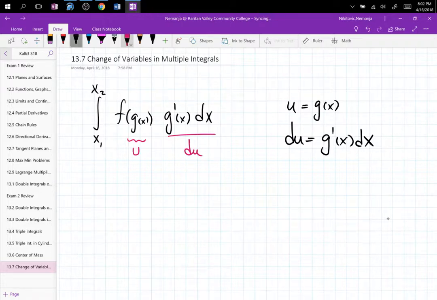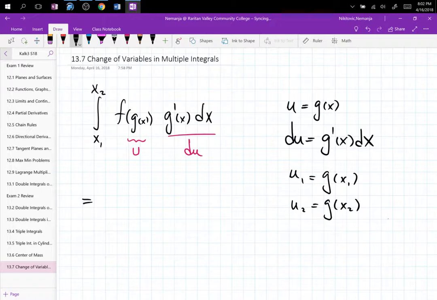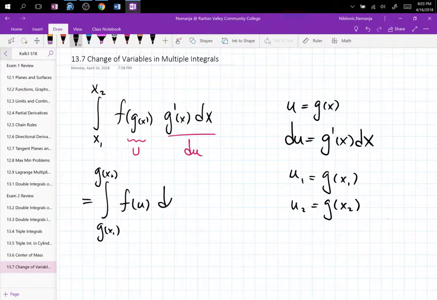We can also transform the limits. So u1 is g of x1, and u2 is g of x2. So now, if you are writing your Calc 1 u-sub, you will write g of x1 to g of x2 of f of u du.